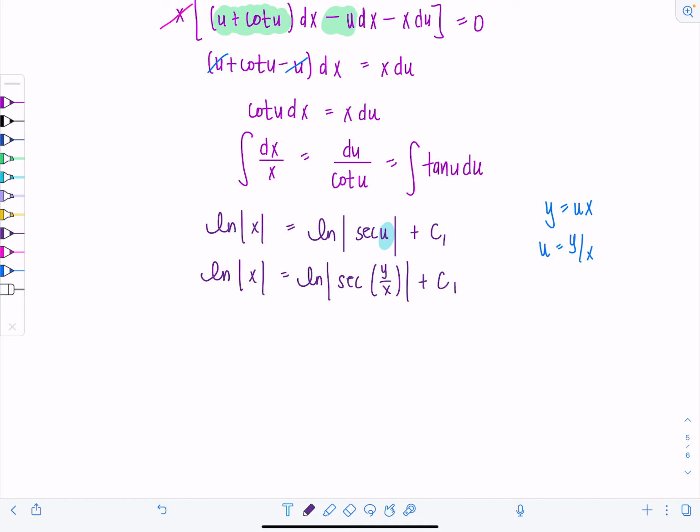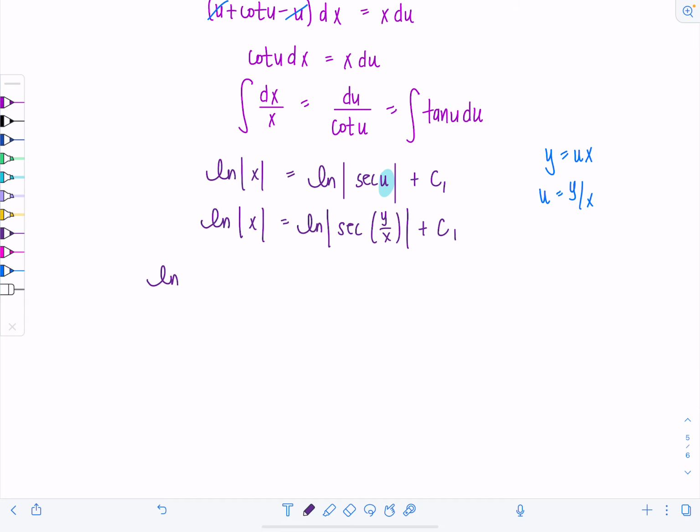Good. How can we clean this up? I'm going to move the ln of secant y over x to the left-hand side so we can use some log properties, okay? So we have now ln absolute value of x minus ln absolute value of secant of y over x is equal to c1.